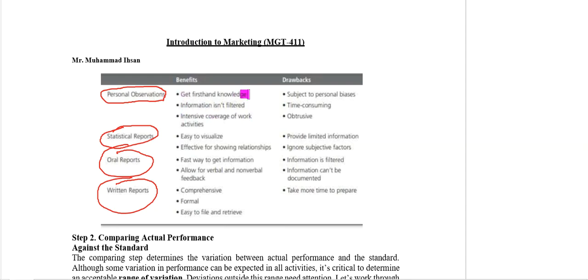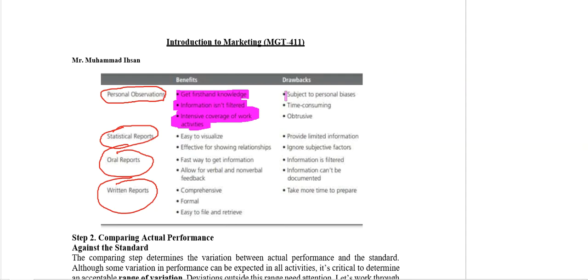First benefit, first hand knowledge is given. Second benefit is that information is not filtered. If any other person gives you information, he may filter or change the information. When you yourself go and see with your own eyes, it will not be filtered. Number three, intensive coverage of work. We can cover the work intensively because the boss is available at the job place and he is evaluating.